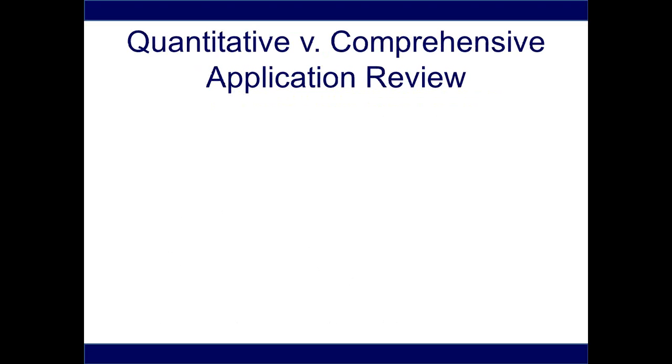So there's two different principal ways that colleges actually review their applications for admissions. One is quantitative, and the other is sort of a comprehensive application review. Large public universities typically use the quantitative approach, which focuses on specific criteria like standardized test scores and grades and class rank.